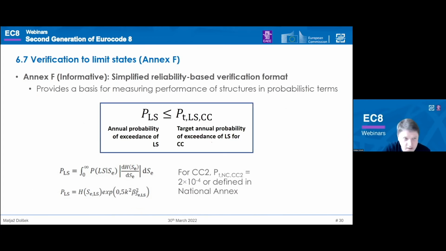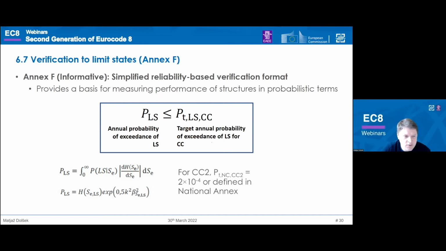Briefly about Annex F, because this is, let's say, an alternative for the verification to limit state. It is an informative annex. It introduces a simplified reliability-based verification format. In this case, the engineer has to assess the annual probability of exceedance of the limit state, and he has to prove that it's less than the target annual probability.